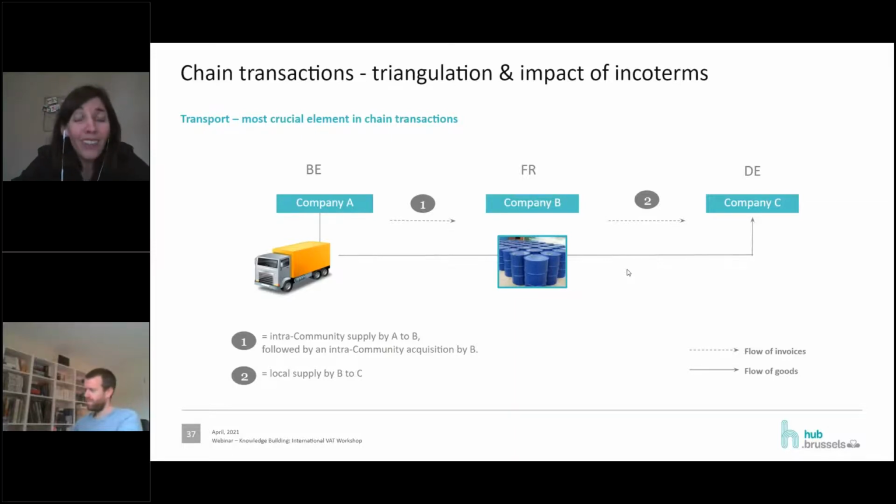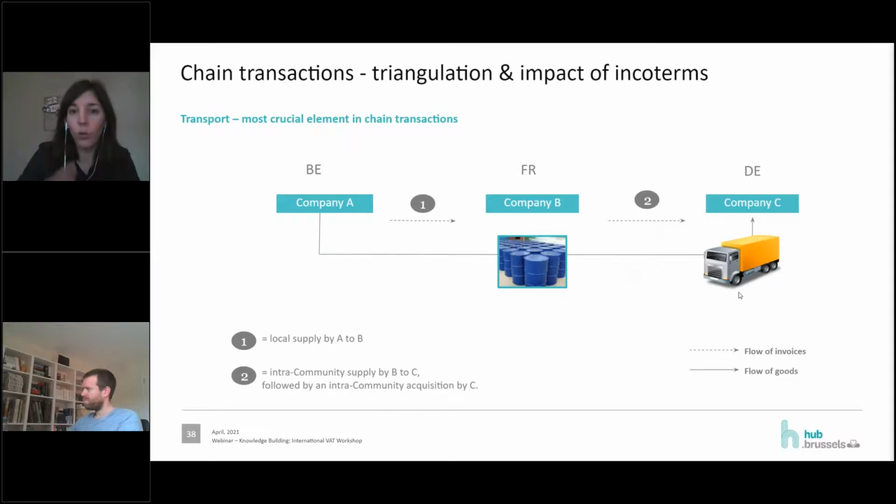The goods are not yet transported from Belgium to Germany, followed by an intracommunity supply by B to C. Yes, the goods are still in Belgium and the French company will perform an intracommunity supply to Germany, followed by an intracommunity acquisition by C in Germany.